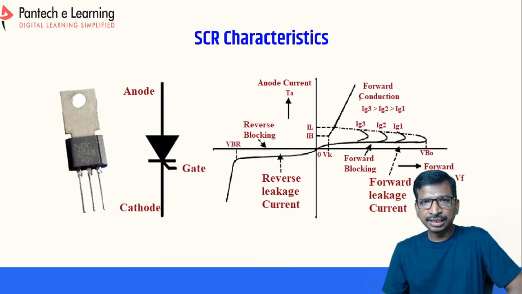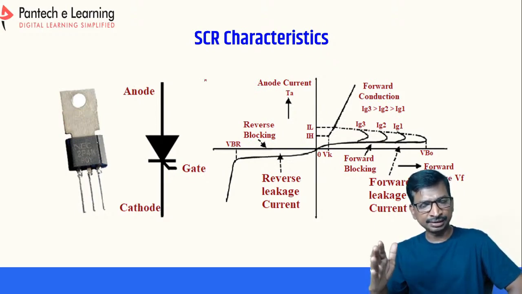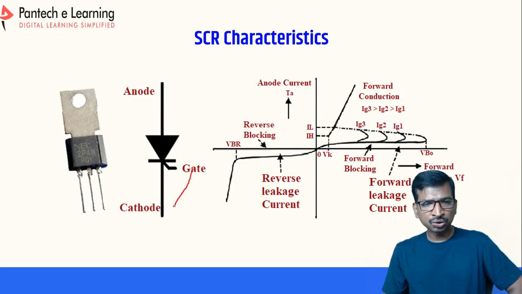So this is called the SCR characteristics. You must know the basic characteristics of all the devices. From this only you can identify your gate drive circuit. If you keep increasing the gate current, initially the gate current is less and then high, by increasing the gate to cathode voltage we can latch the device.